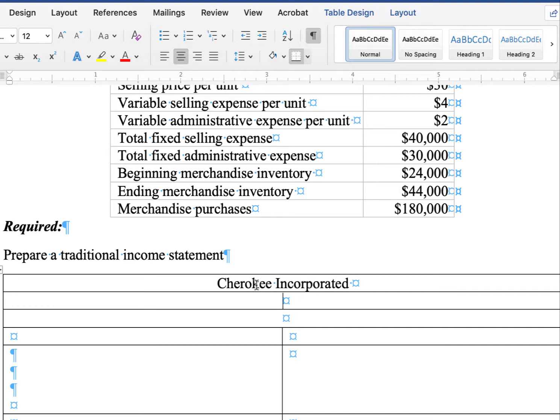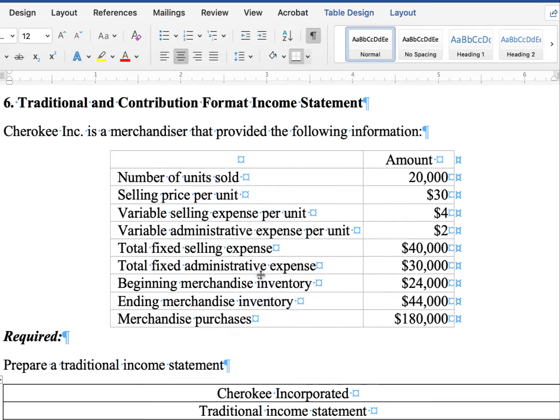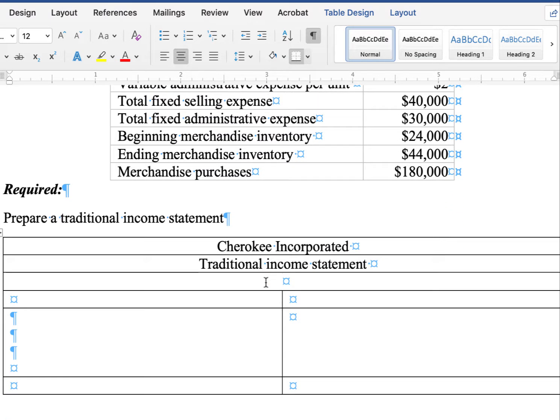Then we would say what statement this is. Well, this is the traditional income statement. And we would give a period: what time frame does this cover? It doesn't tell us, so we can just say for the month ending August 31st, 2019. It doesn't matter, we're just making it up.